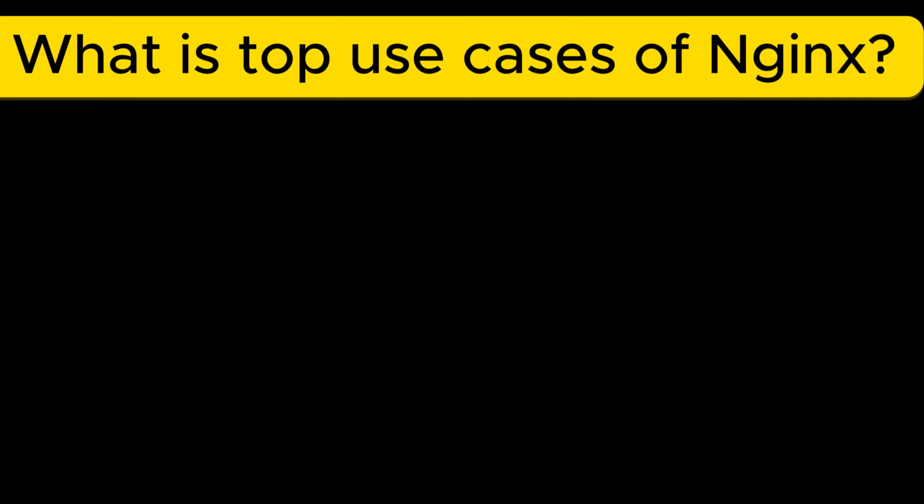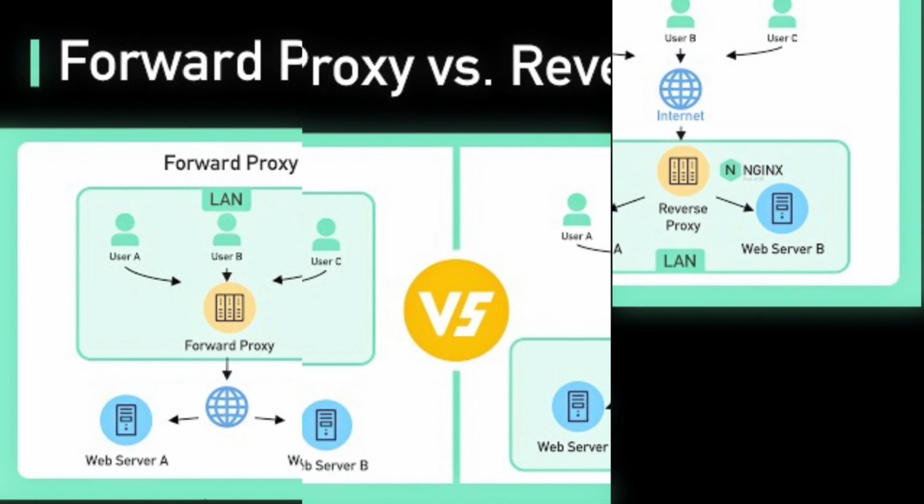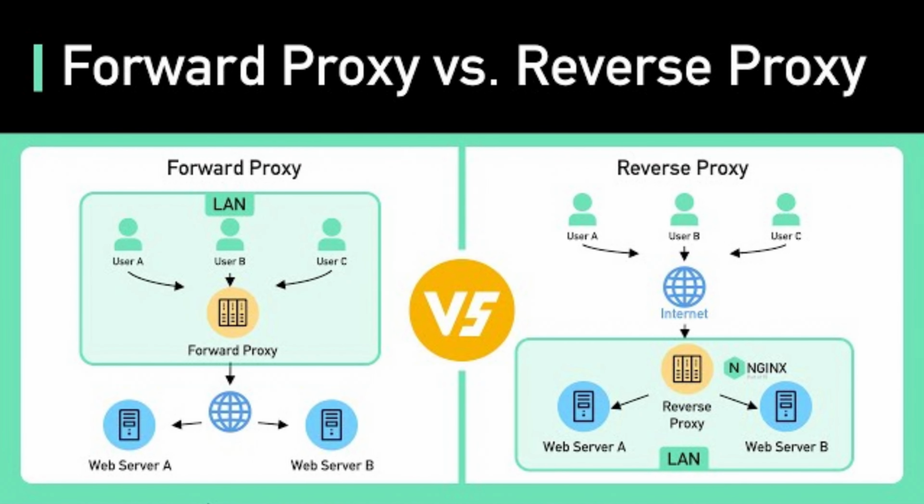Then we have another top use case of NGINX, which is proxy server. Here you can see that we can use it as a forward proxy and reverse proxy. When we configure NGINX as a forward proxy, it sits between the client and the internet. The first request goes to NGINX, where we configure where to forward the request.